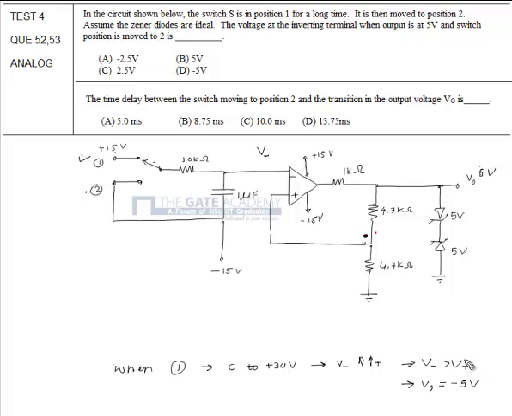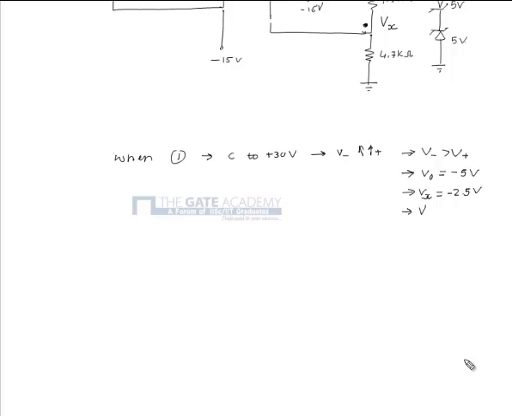So the voltage at this point Vx will be minus 2.5 volt because of the voltage divider, and hence V positive will be minus 2.5 volt at the non-inverting terminal.